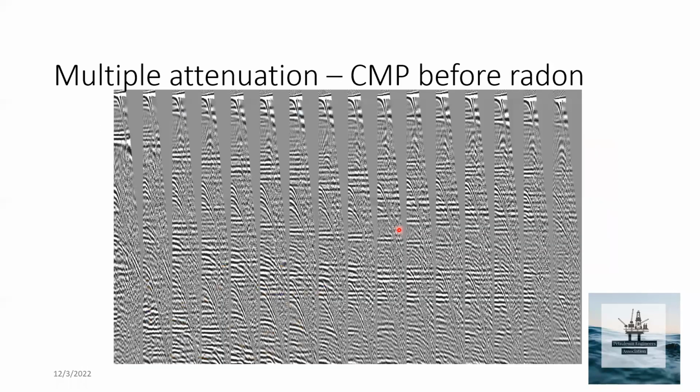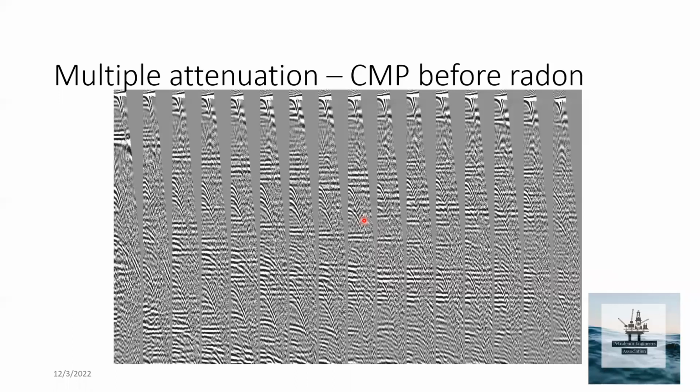I will go directly to an example of the multiple attenuation. This is a CMP gather where we have the multiples. This one is a hyperbolic event, slower than the primary. Why is it taking this hyperbolic shape? Because it takes more time.